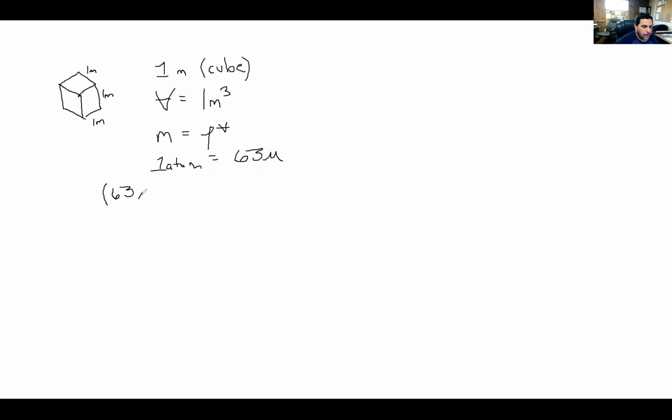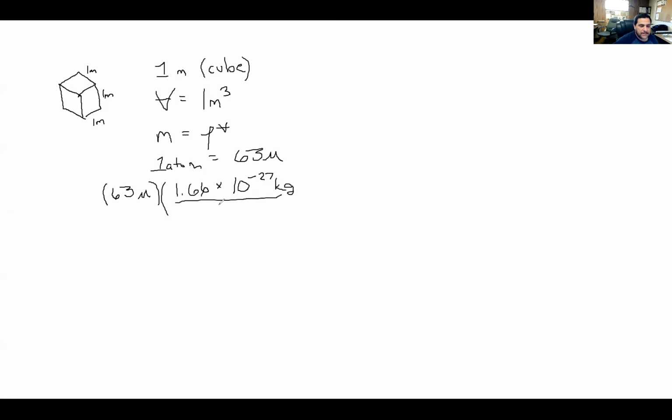So if I want to go from atomic mass units to kilograms, 1 atomic mass unit is 1.66 times 10 to the minus 27th kilograms.